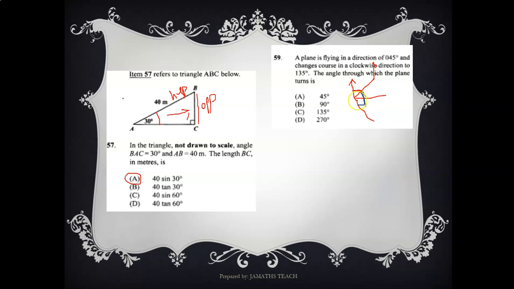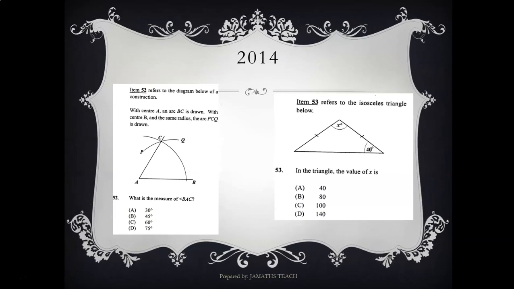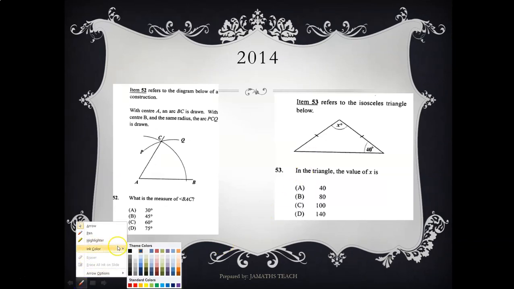If this was drawn better, then you would see that the difference, the angle through which the plane turns, is 90 degrees. So our answer is 90 degrees. Also, one way to look at it is 135 minus 45 degrees. Okay, so let's look at item 52.